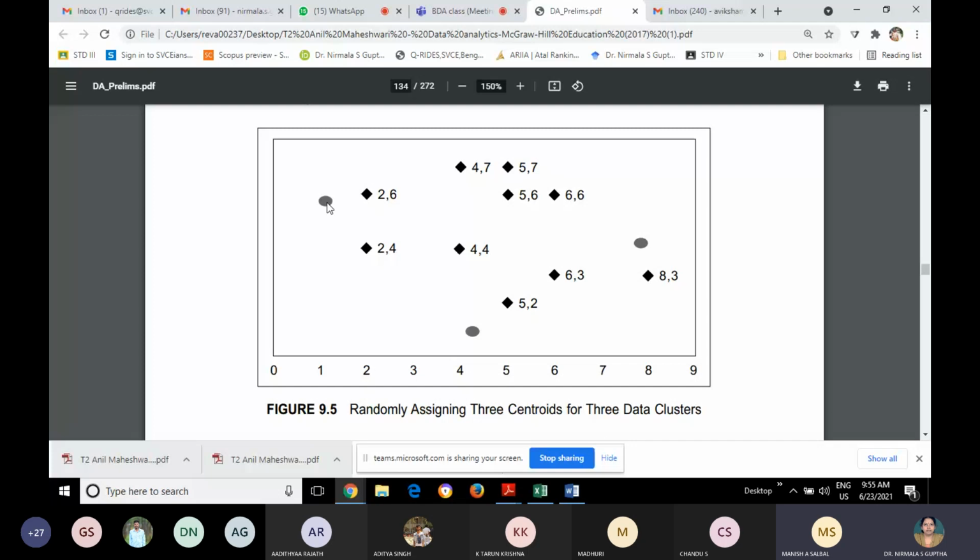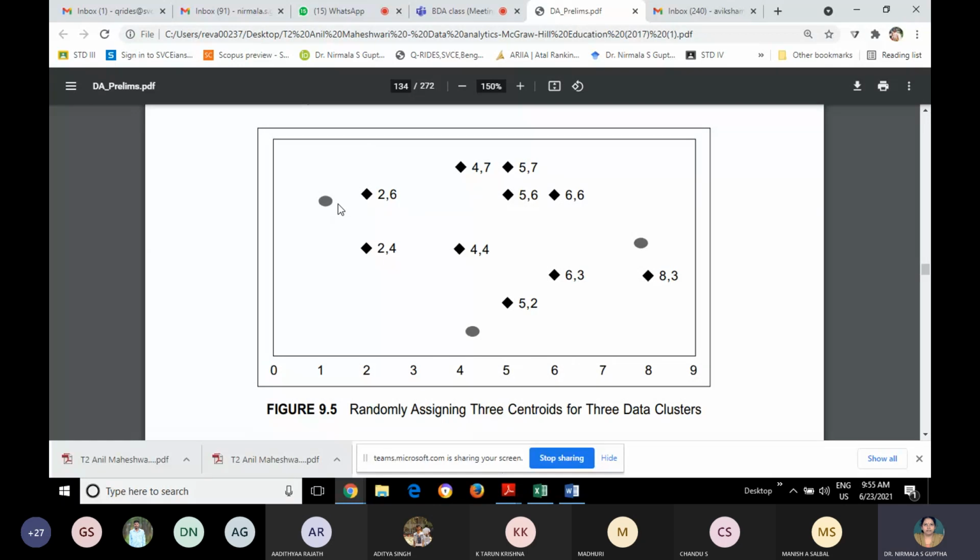Now, when we find the difference, 2,4 is 2, 2,6 is 4, then 4,3 is 3. Correct? Now, can we draw the arrow marks from 2,4 to this first centroid, and 2,6 to the centroid, and 4,3 to the centroid, because the difference is 2, 3, 4, right?